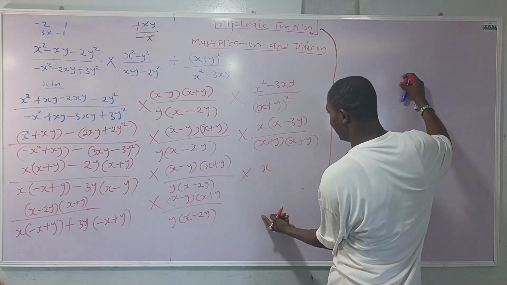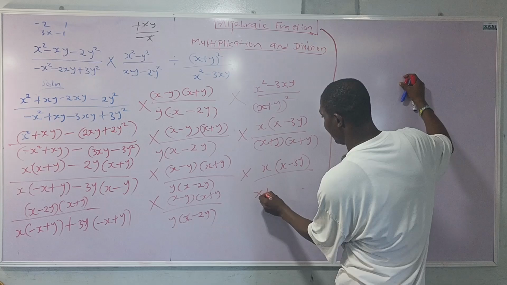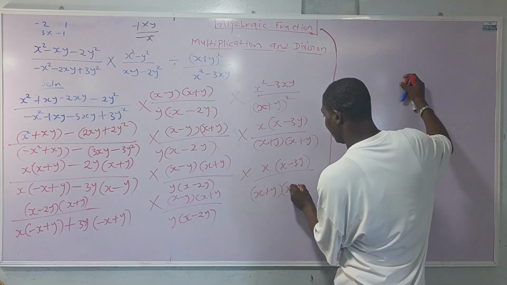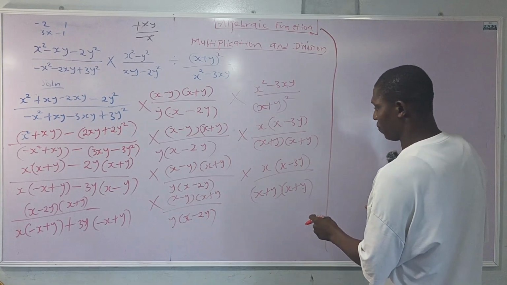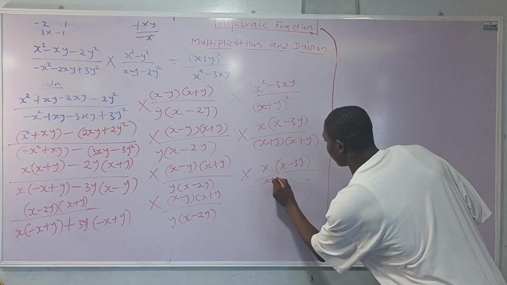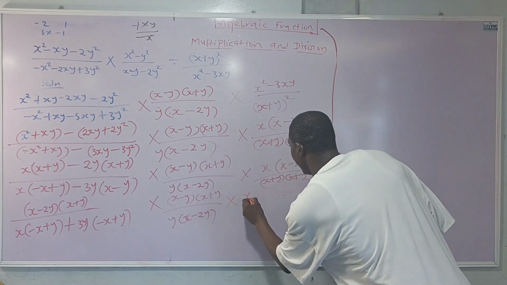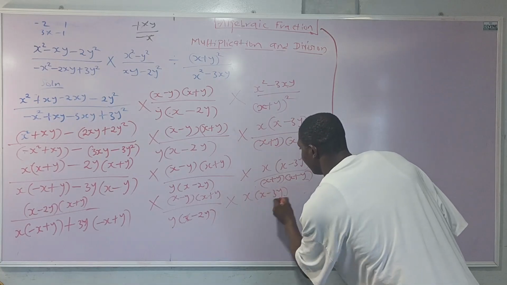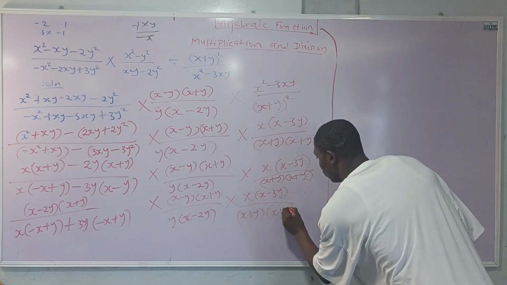So we repeat this till it gets here. x minus 3y all over x plus y bracket x plus y. So we have x bracket x minus 3y all over x plus y bracket x plus y.